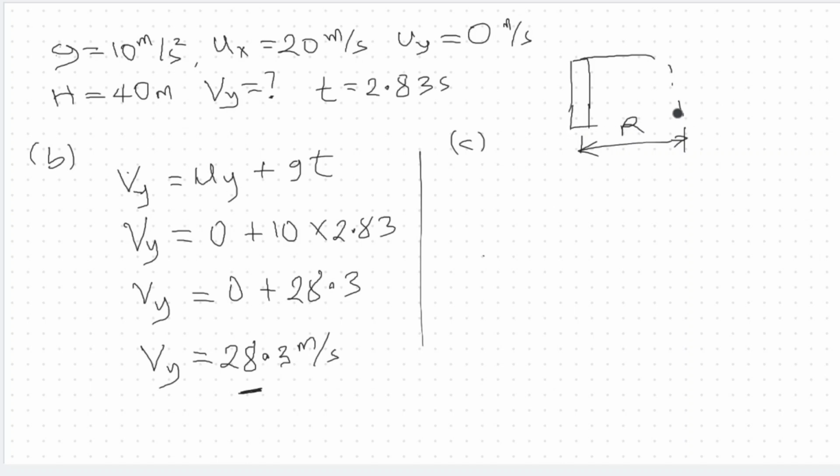Now for us to get this, we need to use this formula: h equals u times t plus half g t squared. This u is u_x, because this time it's the horizontal distance we're looking for.